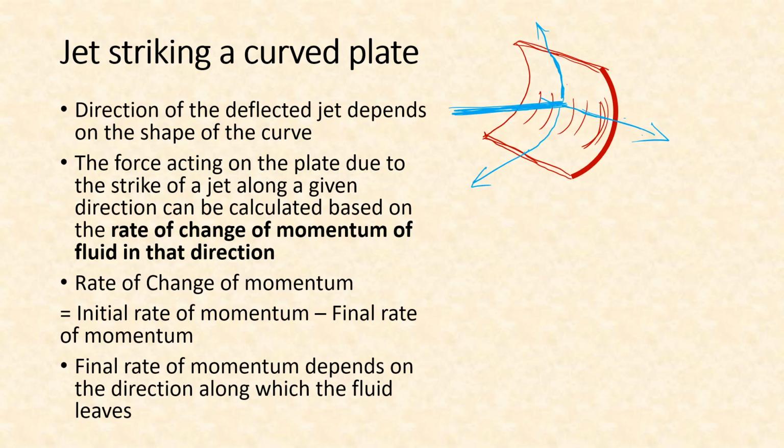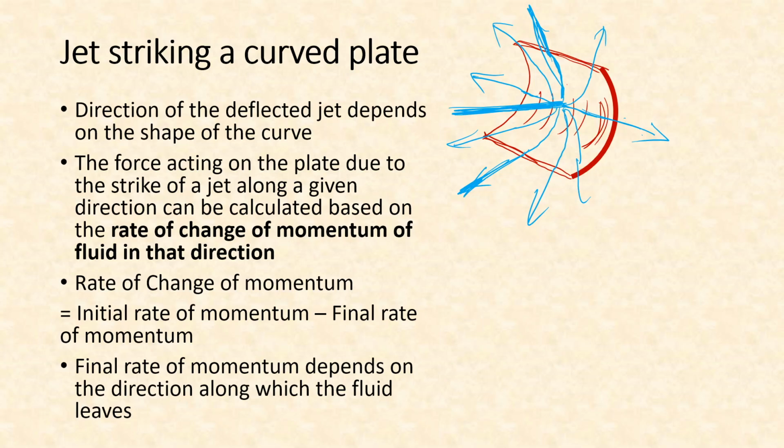Same is true in the other direction, which is again perpendicular, but this angle and this angle are not perpendicular, and there will be all the directions in between. Like this.